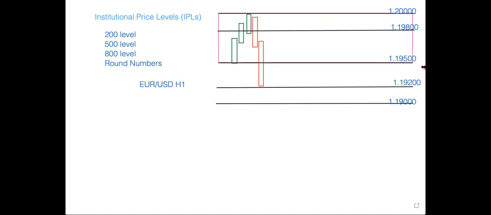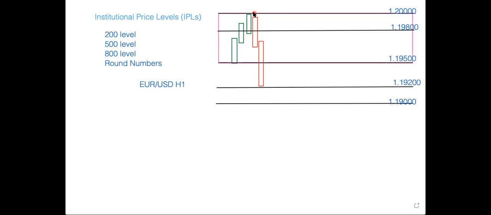I suppose you know this from the previous courses. You can see the price pushing up to the 120 level, which is the round number, and the price is reacting to it and rejecting. So it's acting as resistance.